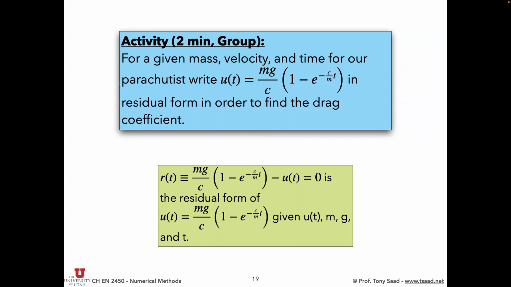So my residual form is mg over c times 1 minus e to the minus c over m t, minus u of t, equals 0. That's my residual form, and I always refer to it as r. That's the standard nomenclature, r for residual. Clearly this here should be r of c, because our unknown is c. Our objective is to finally find c.